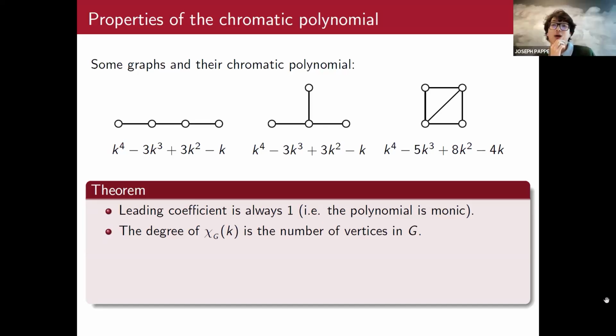In general, it may or may not be symmetric. And this comes from the fact that these two are the same because all trees have the same chromatic polynomial, as long as they have the same number of vertices.